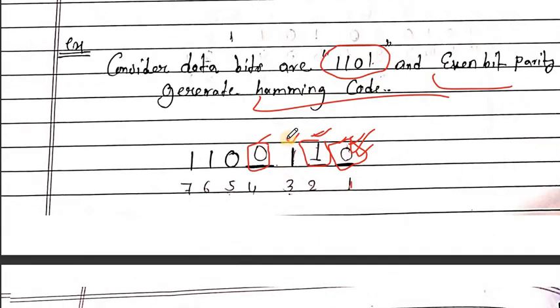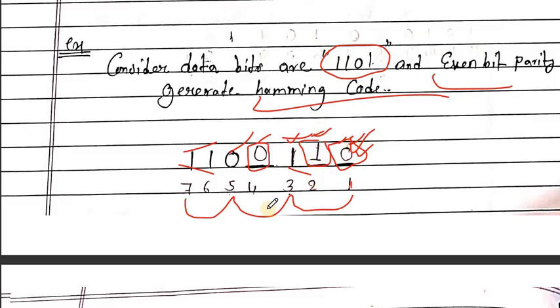These 3 bit places we consider for R1. Here we count the number of ones: 1 and 2. So the ones are already balanced, so we place 0 here.